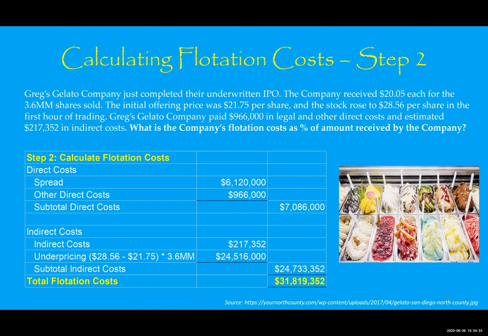So if we add the indirect costs of 217,352 plus the indirect costs of the underpricing, your total indirect costs are 24,733,352. And when we add that to our total direct cost, that's the company's total flotation cost for this new issuance, $31,819,352.